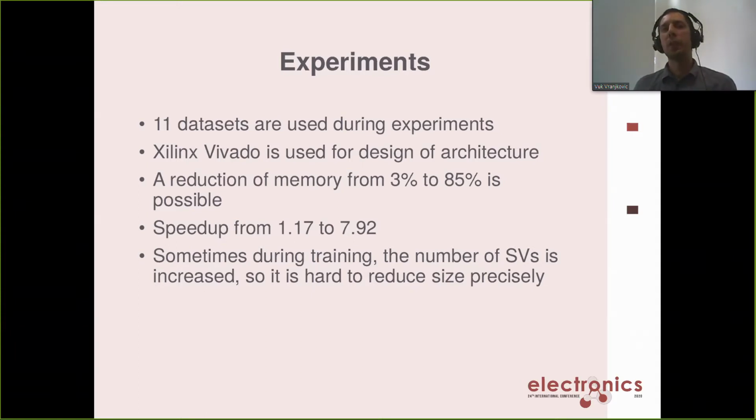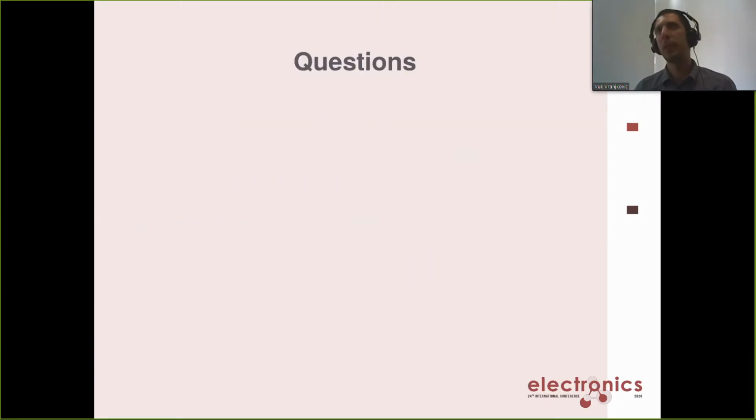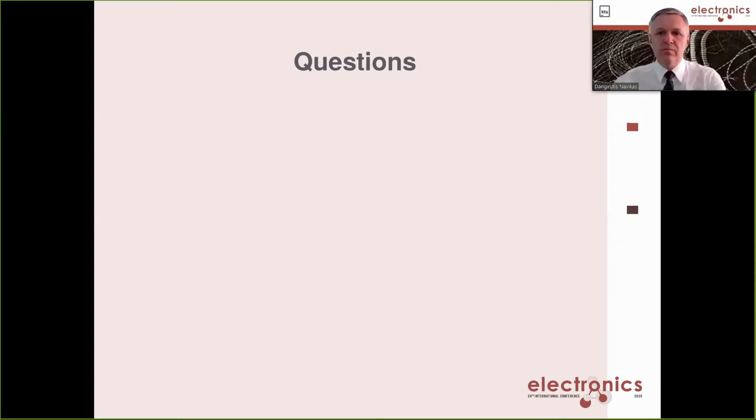But we cannot determine precisely how much we can reduce the model size. That's basically what we show: that this approach with sparse support vector machines works very well. That's it. Okay, thank you.